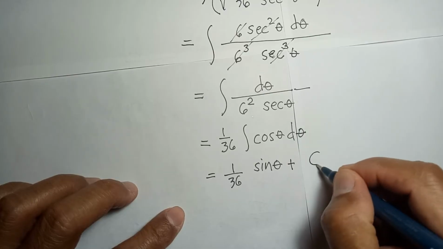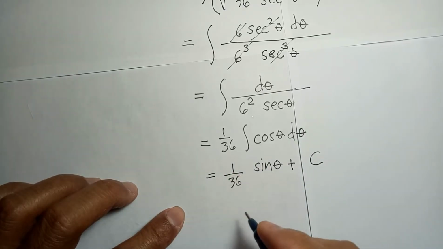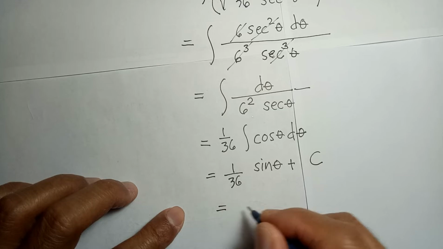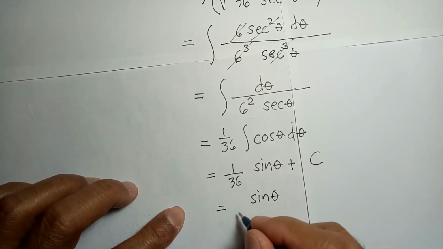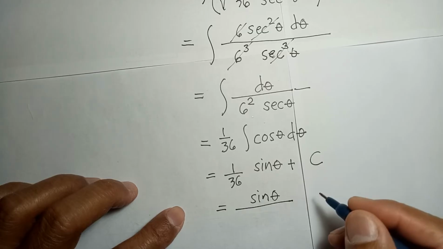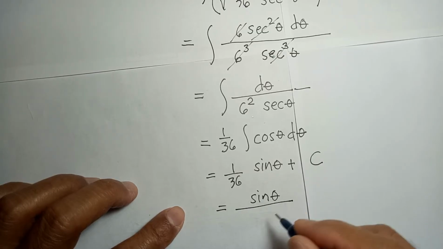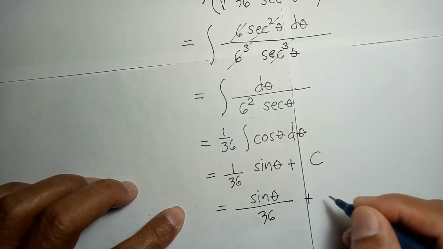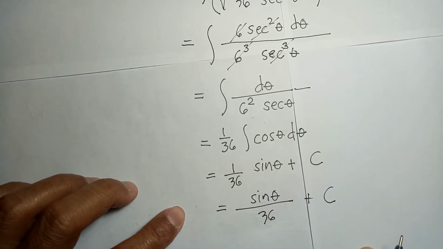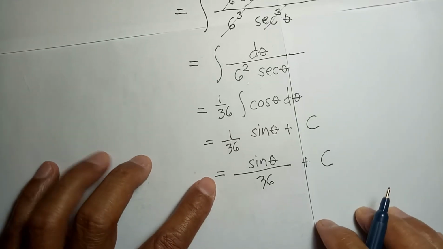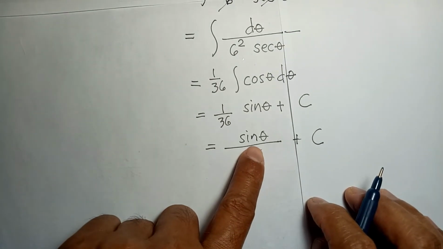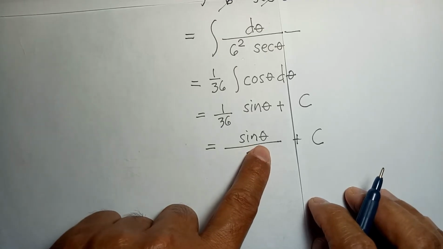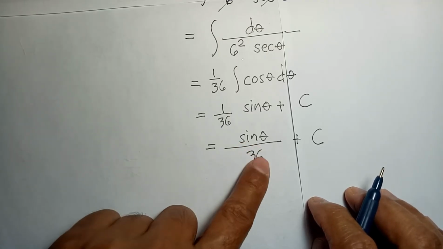And then sine theta times 1 is sine of theta, so divided by 36, and then plus c. Okay. Ngayon, yung ating final answer, hindi natin iiwanan in terms of theta, or sin theta.